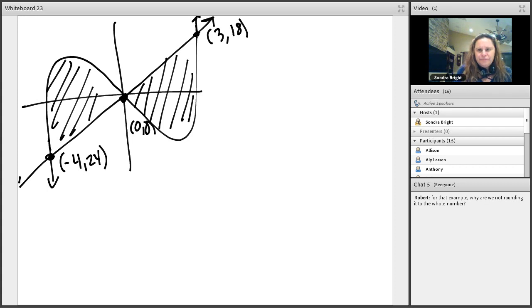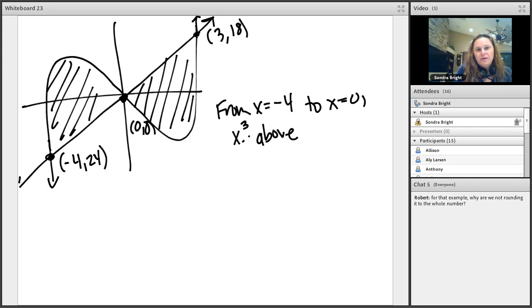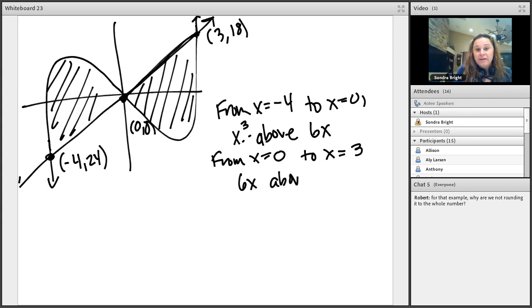All right, so now look, from when x is -4 to when x equals 0, the x cubed function is above the 6x function, right? And then from when x is 0 to when x is 3, now you've got this straight line, the 6x function, is above the x cubed one, right?